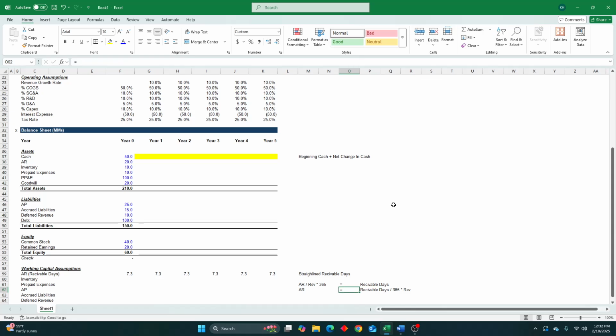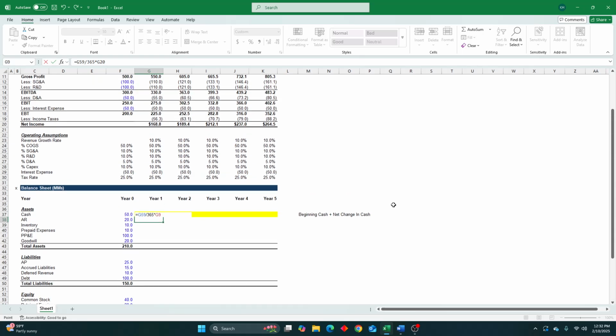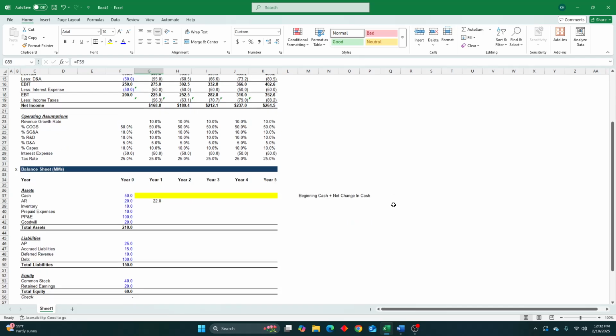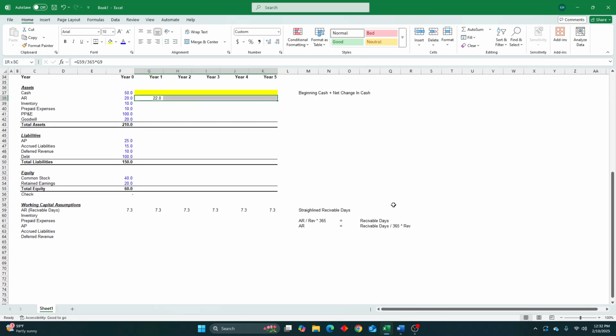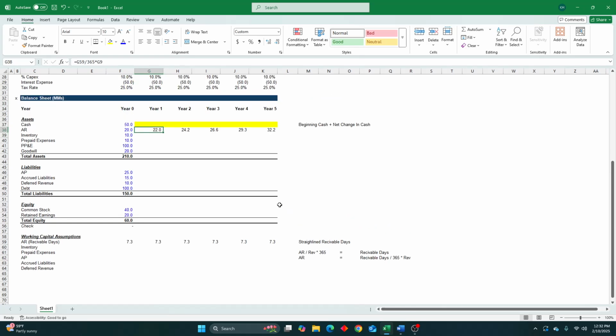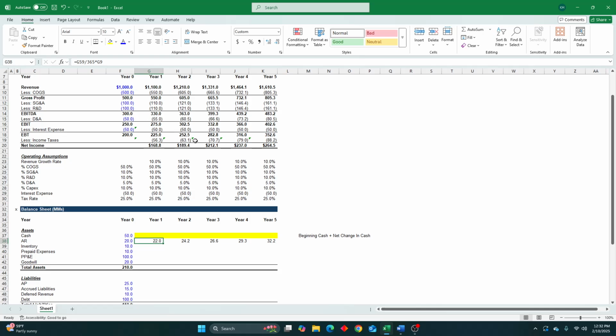So I'm just kind of reworking the equation to calculate it out. So I'll show you what that looks like up here when we calculate it. So we're going to take our receivable days, which we calculated previously and assumed it's going to be straight line, divided by 365, multiplied by our revenue, and that's going to be our ending AR balance. And so we can project this forward, paste that equation forward, and you can kind of sense check this a little bit. We're seeing some revenue growth, some slight growth kind of across the board.